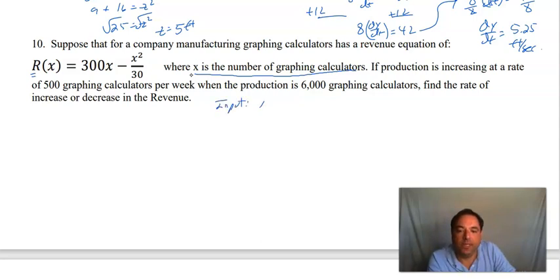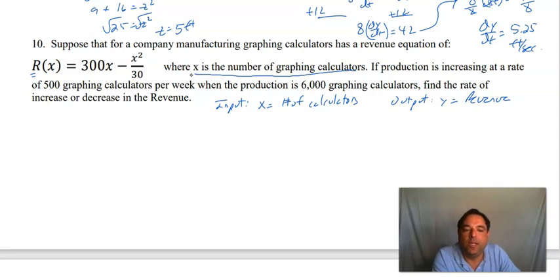Input x is the number of graphing calculators, and our output y is revenue. So if production is increasing at a rate, there's a derivative, of 500 graphing calculators per week, what is that telling us? That is telling us the rate of change.